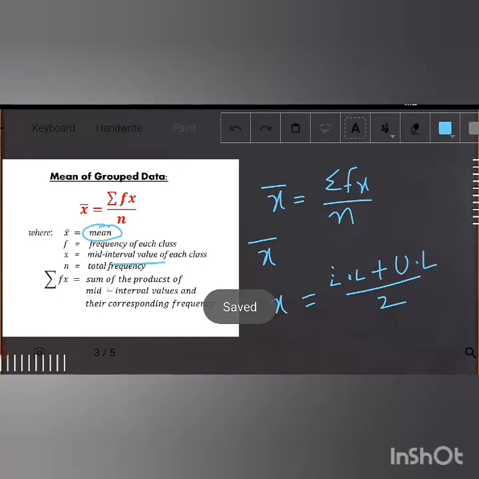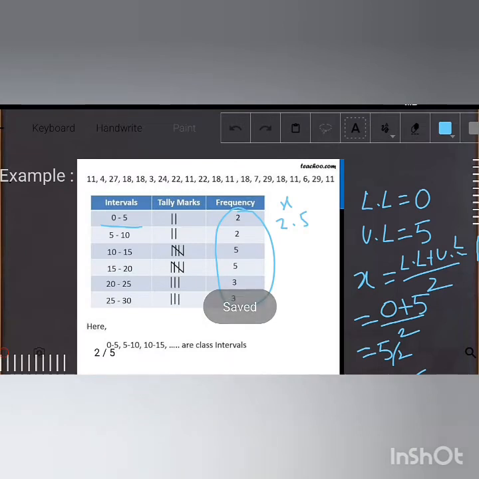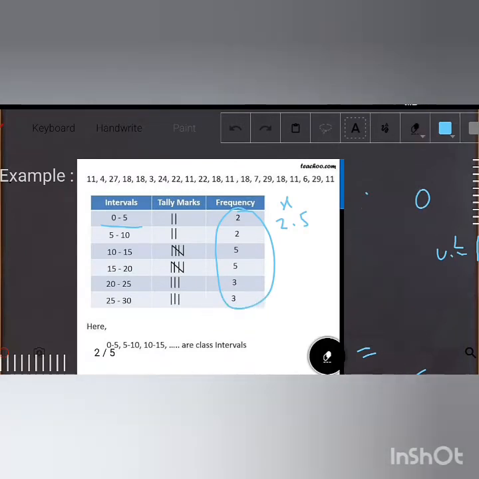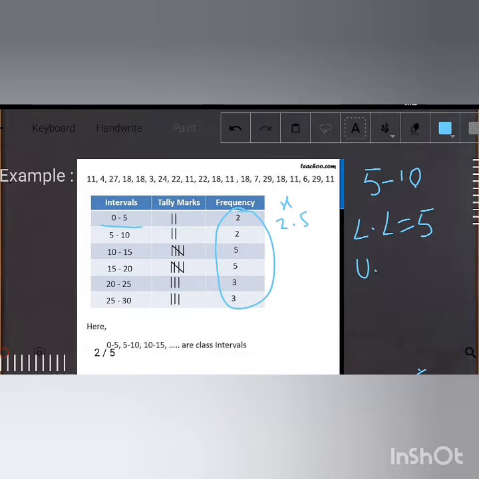Now let us check for the other one. Let us check the second class, that is 5 to 10. Here the lower limit is 5 and the upper limit is 10.